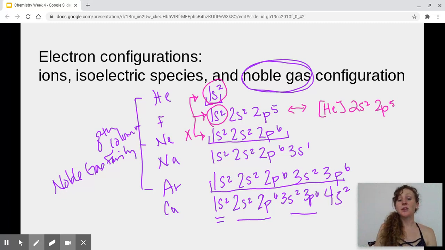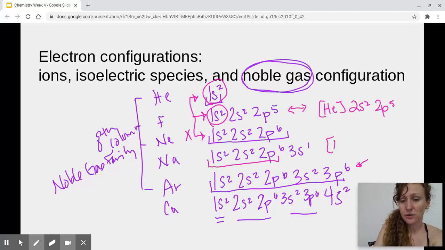Let's do the same thing for sodium. So notice sodium has neon on one side of it and argon on the other. So sodium does have the same configuration as neon right there, but it is missing part of argon. So we can't use argon. We can use neon. So let's write neon and then 3s1.